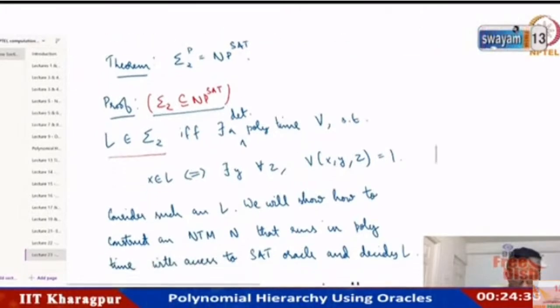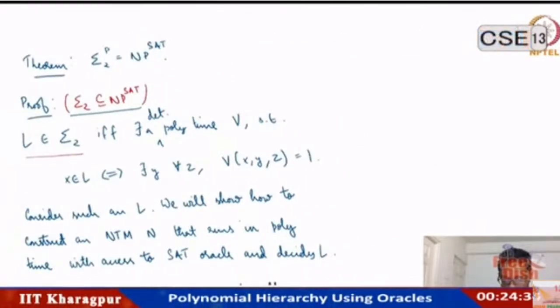So what does it mean when I say that L is in sigma 2? It means there is a deterministic polynomial time verifier V such that whenever X is in L, there exists a string Y such that for all Z, the verifier evaluates V(X, Y, Z) to 1.